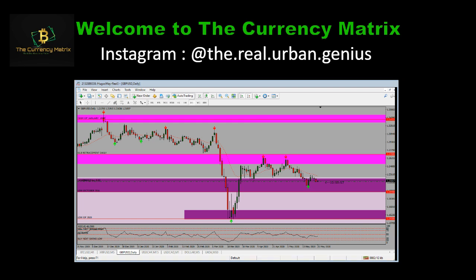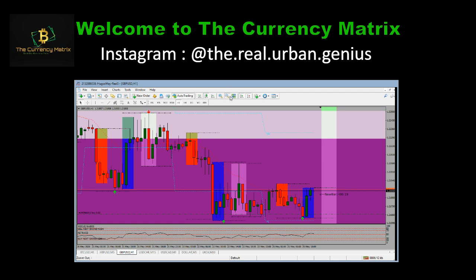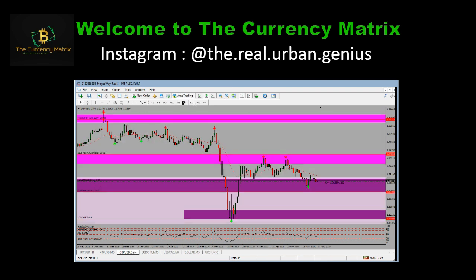Give me one moment. There's some more binary options trades available to me. Here on the hour chart, those can be seen. As you see, we're taking off straight out of that zone that we are now in on the daily.